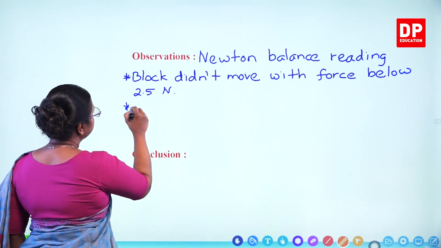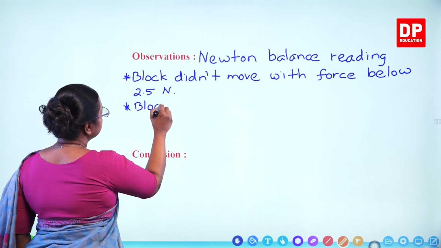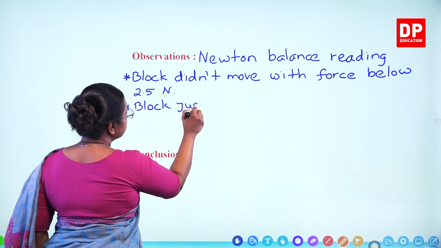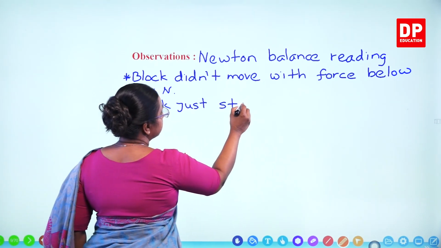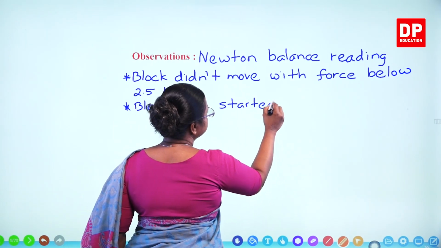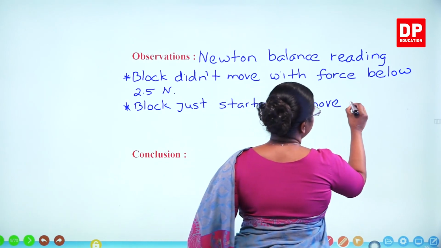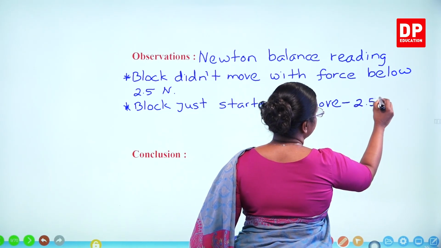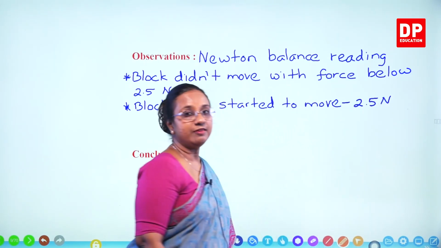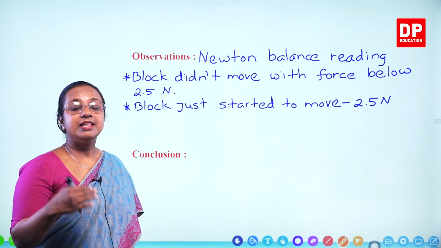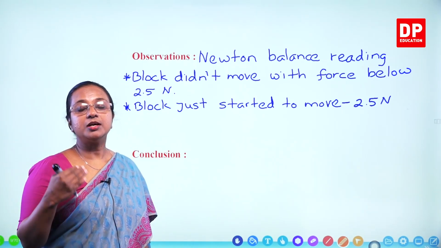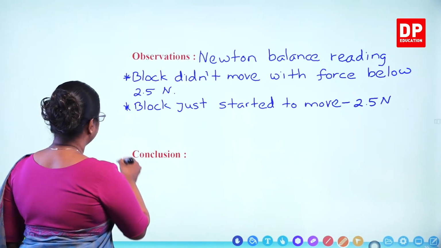Second one, the block just started to move. Then the Newton balance reading was 2.5 Newtons. And thereafter, the block continued to move.